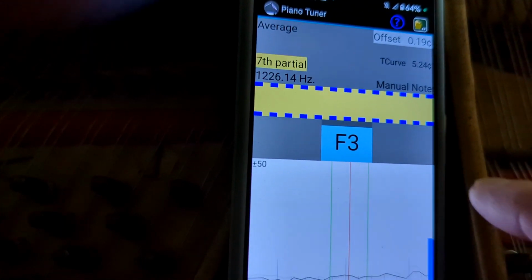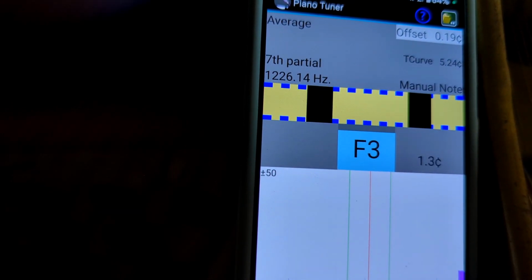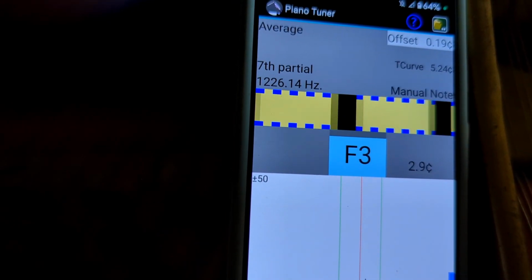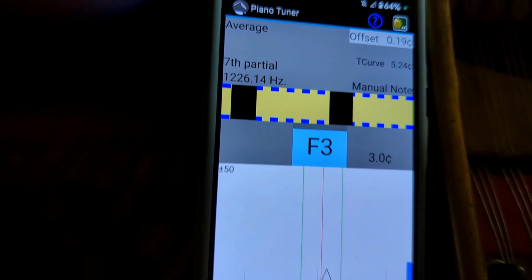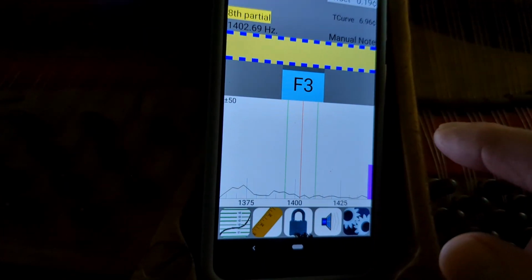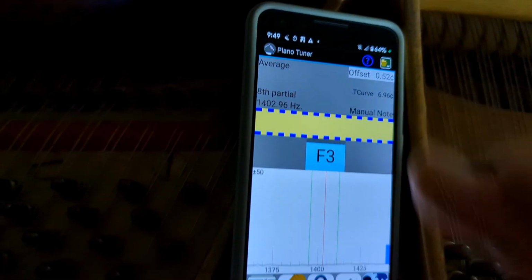Let's go up to the seventh partial. More deviation. Just for fun, let's go up to the eighth partial. I'm going to zero this out again.